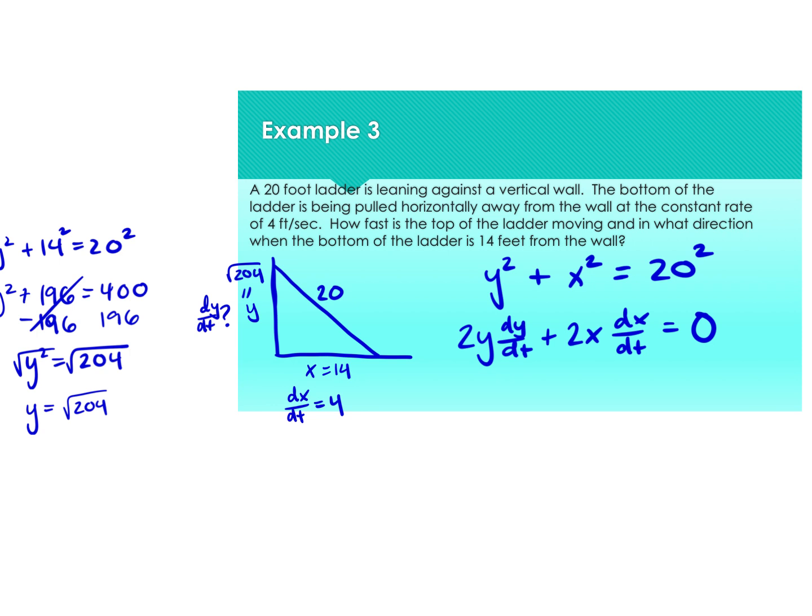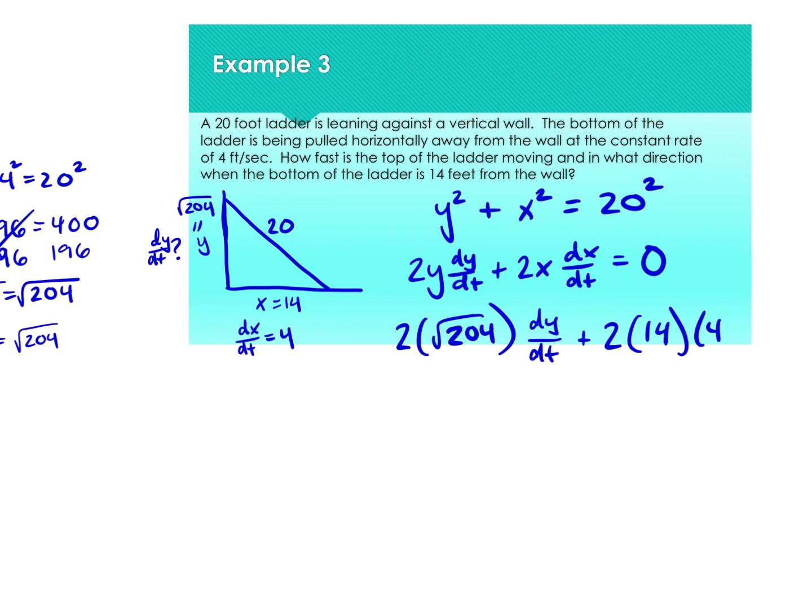So now let's plug in everything we have. So 2 times y, which is the square root of 204, dy over dt, plus 2 times x, which is 14, dx over dt, which is 4, is equal to 0. So 2 times the square root of 204 dy over dt plus, this would be 112, is equal to 0.